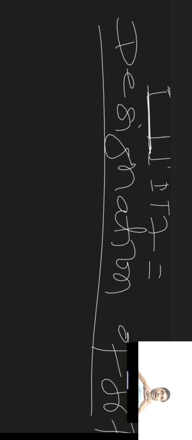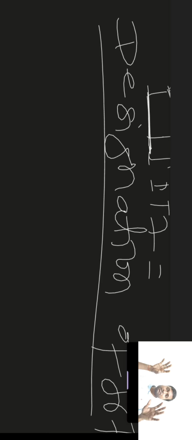That means we have to apply some force to insert. If we apply the force, it may be inserted. So fit is the relationship between hole and shaft, and it also defines the quality of assembly, that is, whether it will move inside the hole easily, or we have to apply force.